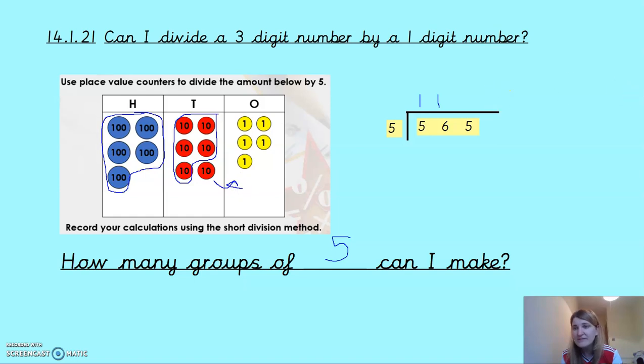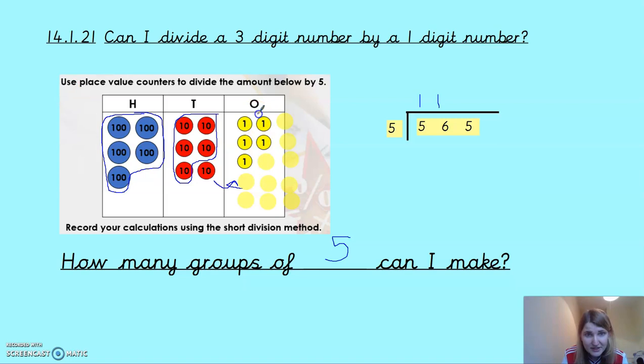Okay, now that 1 ten I can translate. I'm going to use my highlighter to try and cheat here. 1 ten translates to 10 ones. So 1, 2, 3, 4, 5, 6, 7, 8, 9, 10. Okay, right, so now the question again is, how many groups of 5 can I make?